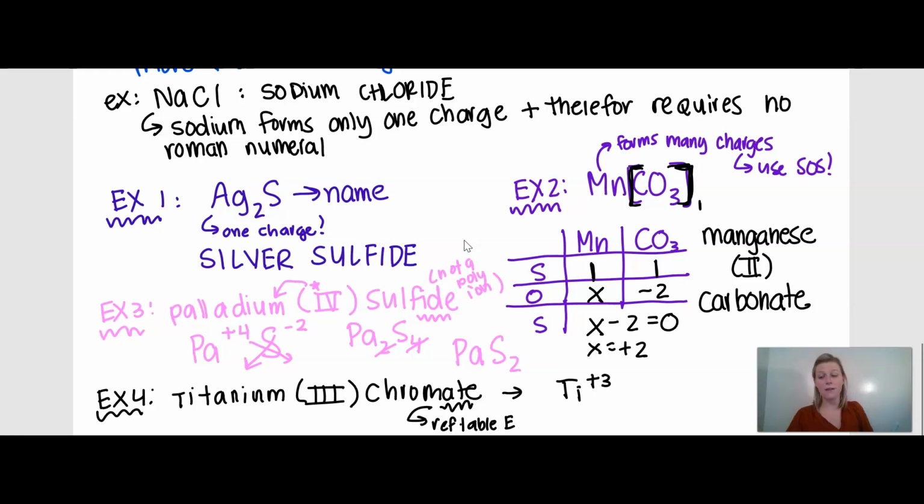Flipping to reference table E, chromate is CrO4. Remember, we always put it in parentheses, and it has a -2 charge. So now we cross, and we get Ti2(CrO4)3.